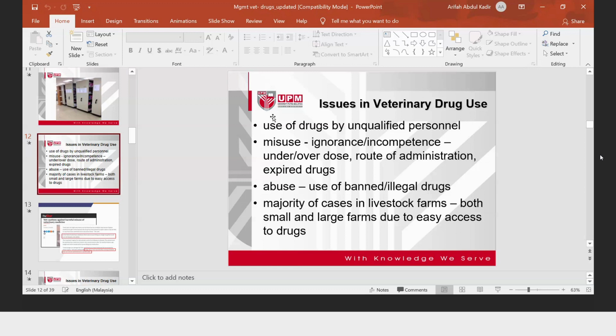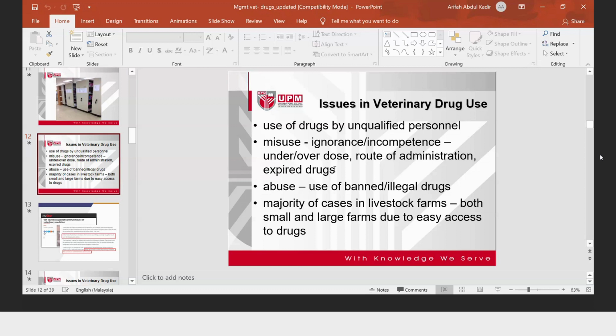So we face this problem. Misuse, ignorance, incompetence, sometimes drugs are given overdose, underdose, and the route of administration is not right. Therefore, the absorption is not complete.